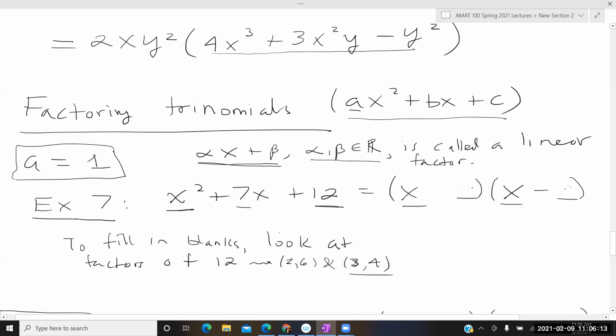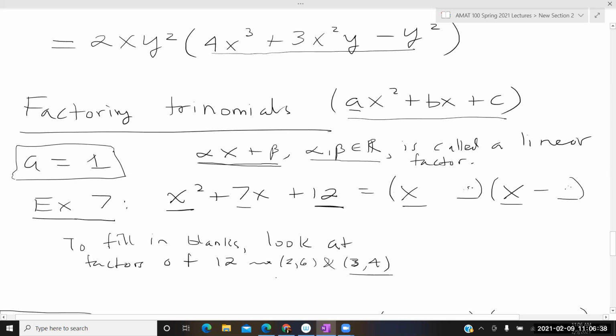So we want to put some restrictions on what those blanks can be. We have already stated one condition: when you multiply them, you get 12. So what we need to do is look at factors of 12, and I wrote these in pairs.